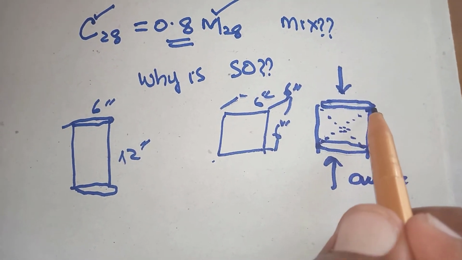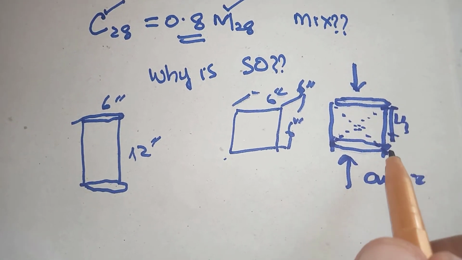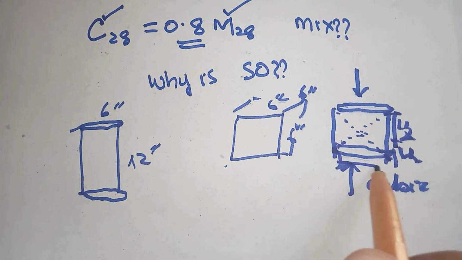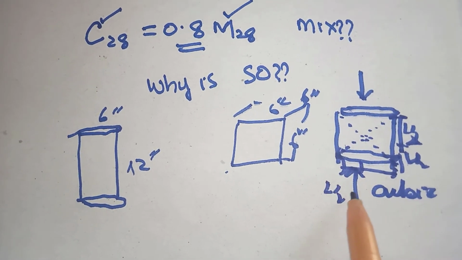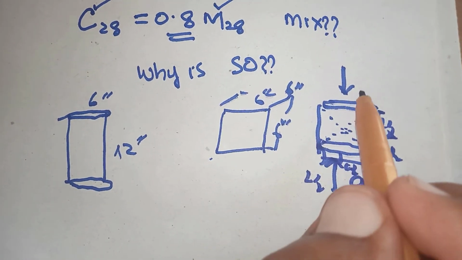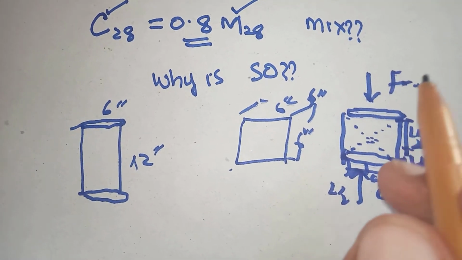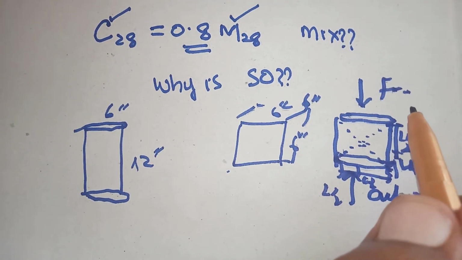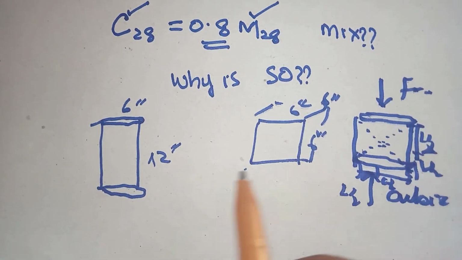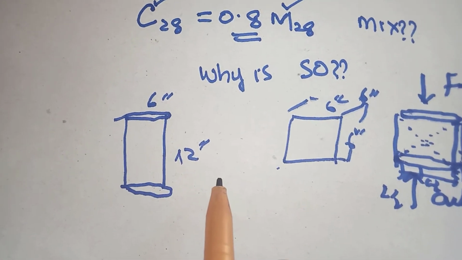So here L by 2 and here L by 2. Similarly, from here to here L by 2 and L by 2. So the sample is not free to expand from any direction. That is why the strength of this sample is more, and why the cylindrical sample strength is less.